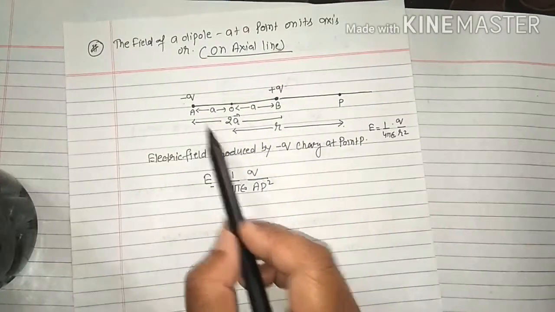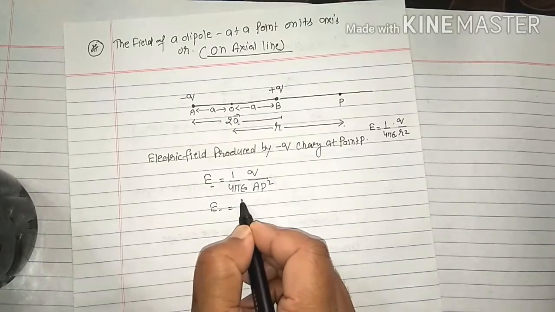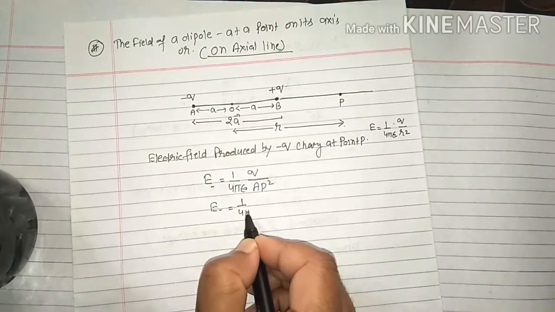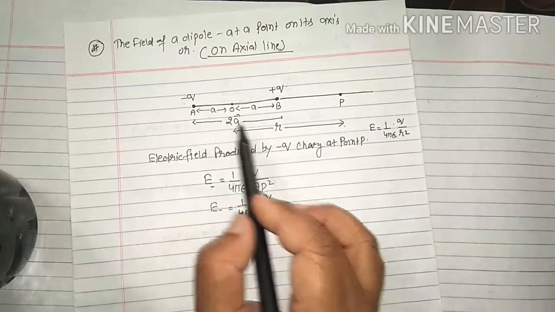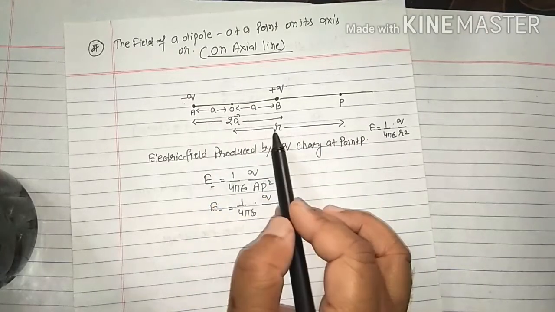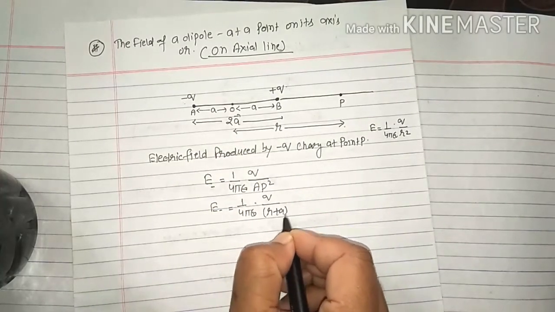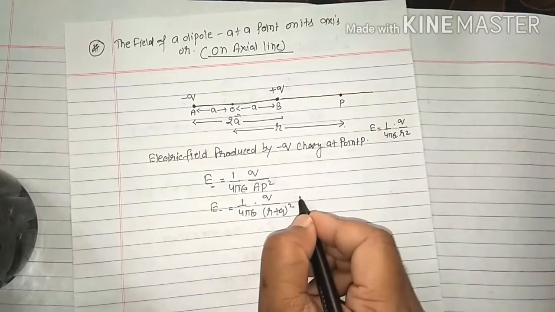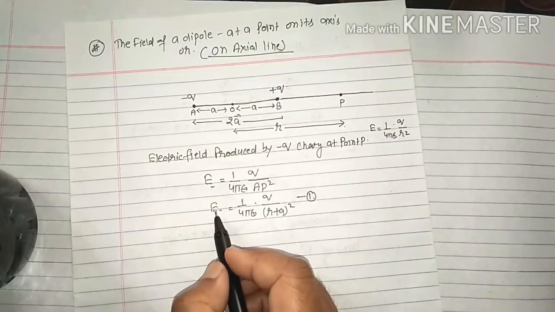From this diagram, AP will be equal to r plus a. So E minus is equal to 1 upon 4 pi epsilon naught, q upon (r plus a) whole square. Equation number 1.